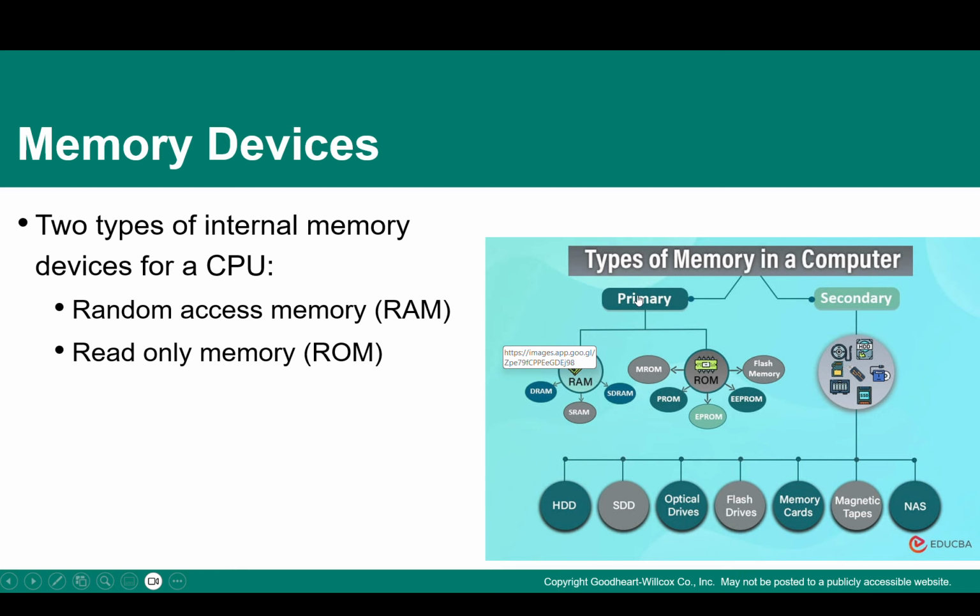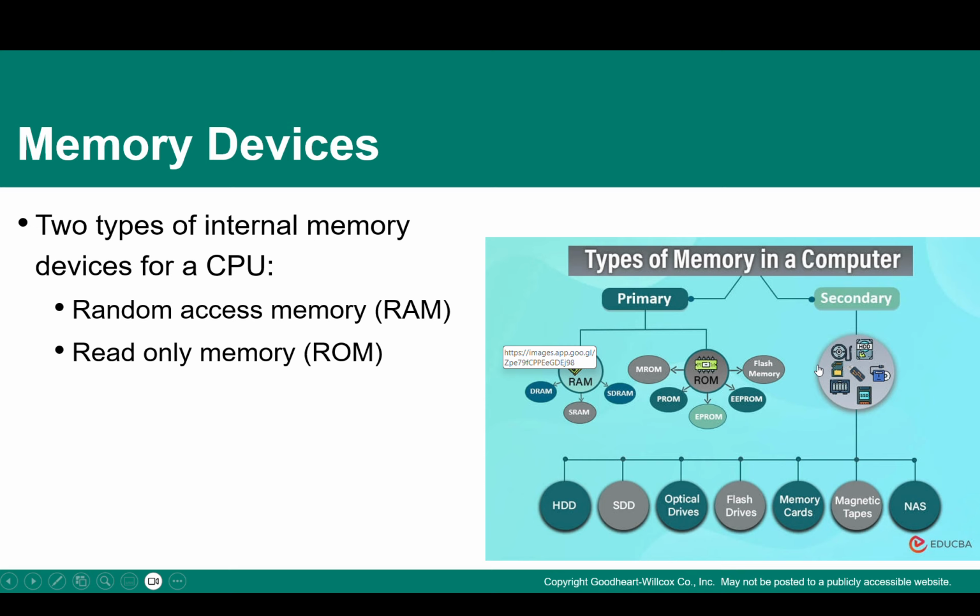As you can see here, memory can be of primary type or a secondary type. Primary types are mostly on the PCB, inside your laptop computers, motherboards. You have a RAM and a ROM, but within RAM you have DRAM, SRAM, or SDRAM. DRAM stands for dynamic RAM, SRAM stands for static RAM. Within that there are different types of RAMs, and for ROM, there are different types of ROMs as well.